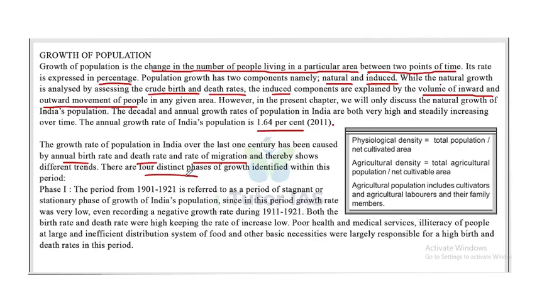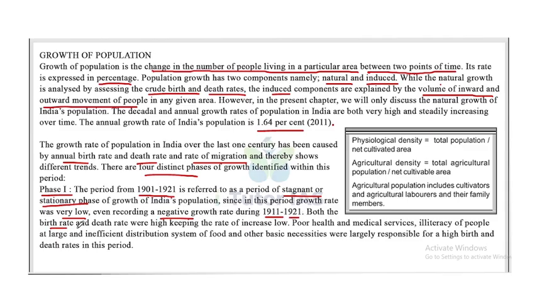There are four distinct phases of growth identified in this period. First one, phase 1: the period from 1901 to 1921 is referred to as the period of stagnant or stationary phase of growth of the Indian population. Since in this period growth rate was very low, even recording a negative growth rate during 1911 to 1921.